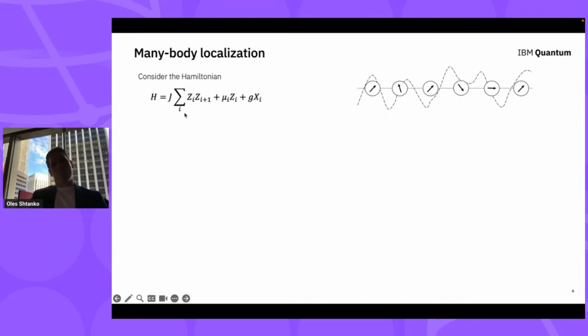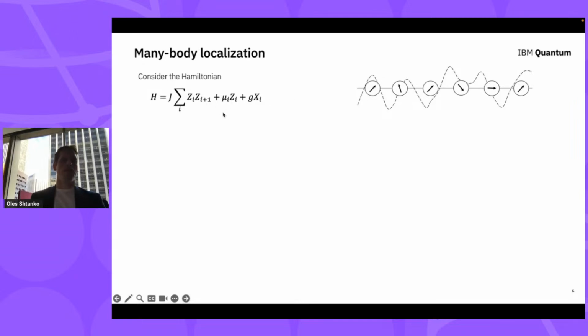Consider the Hamiltonian you see here. This Hamiltonian describes qubits or spins sitting in one dimension, forming a one-dimensional line. As you see, it contains three terms, where the first term describes interaction between qubits. The second term is an interaction of each qubit with a local field.